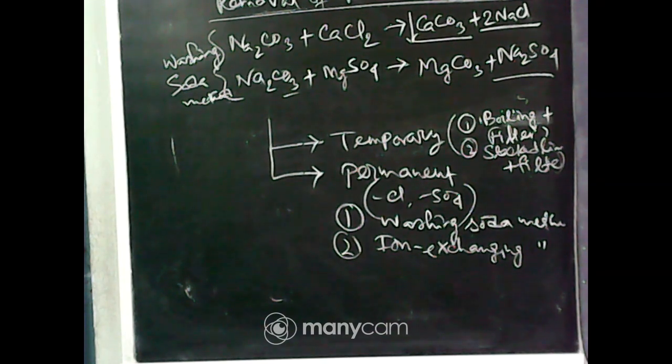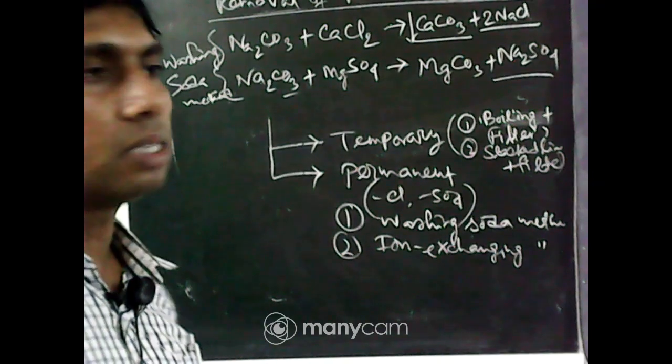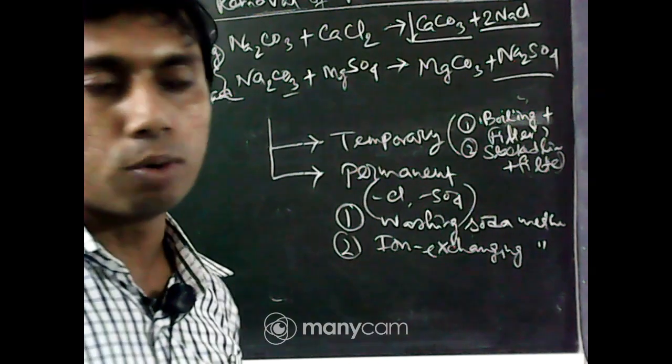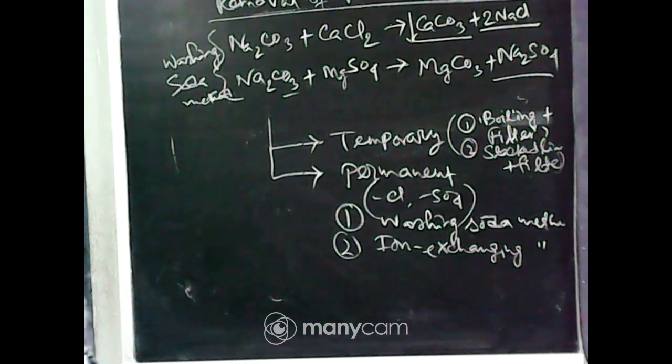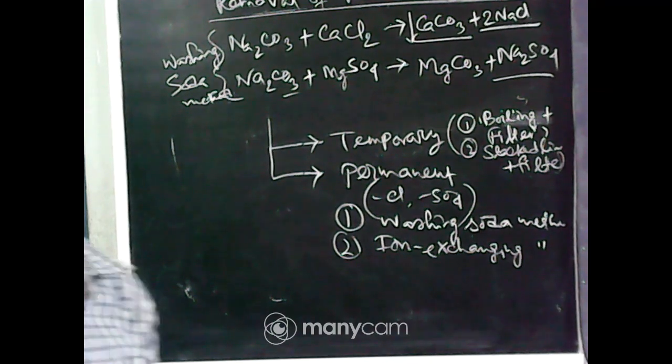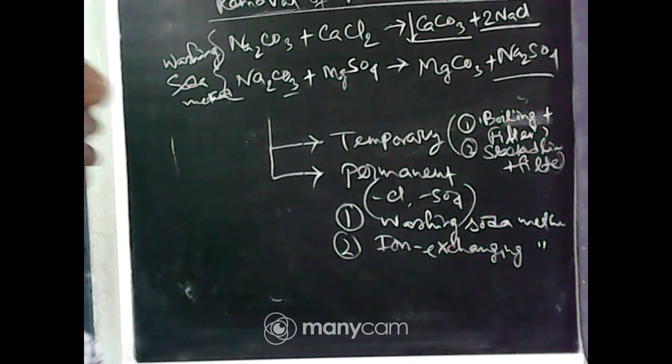As ions are responsible for the hardness, if we exchange the ion, suppose magnesium is harmful, with some other ion, then it is no longer harmful to us. So, it is called the ion exchange process.